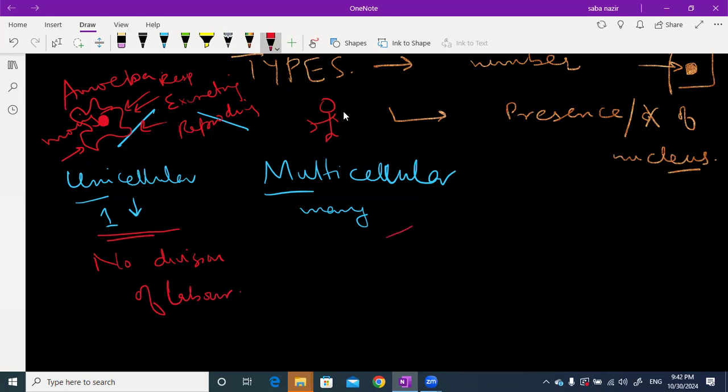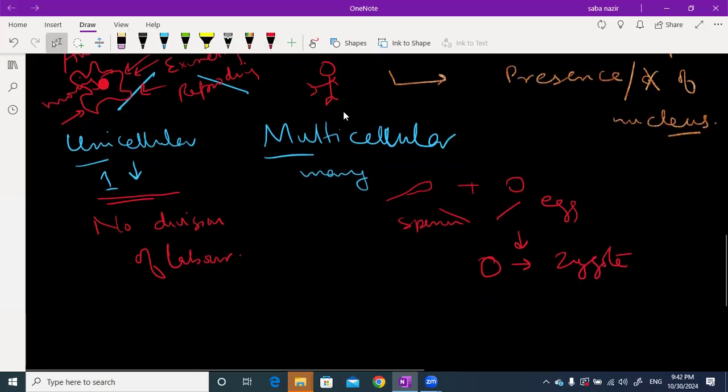But if we zoom into a multicellular organism, especially the human, the birth process of humans is like that. The male reproductive cell, the sperm, fuses with the egg cell. When the sperm and ova fuse together, it forms one single cell that is called the zygote.